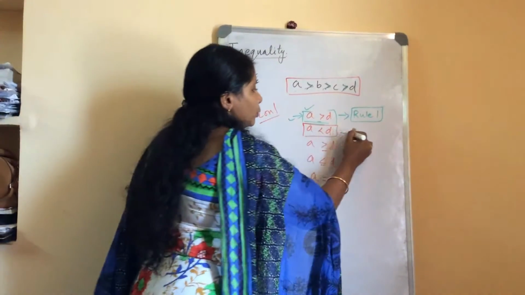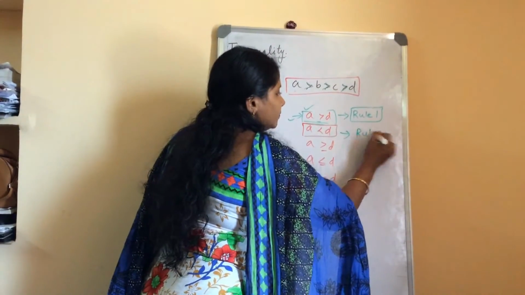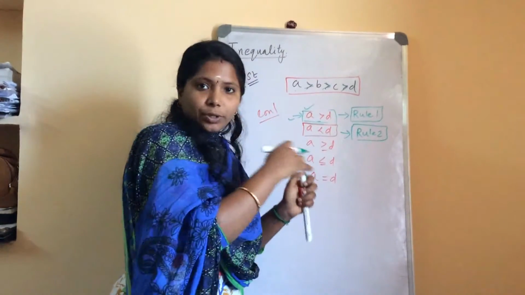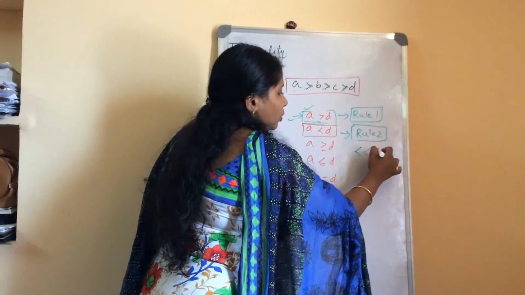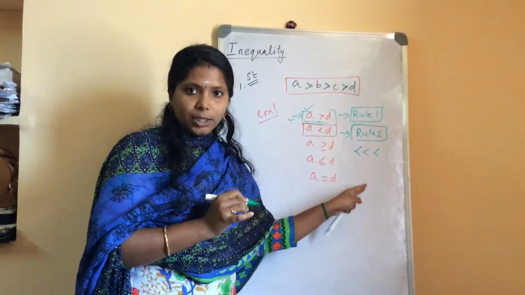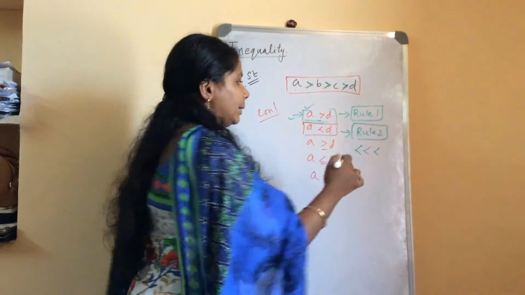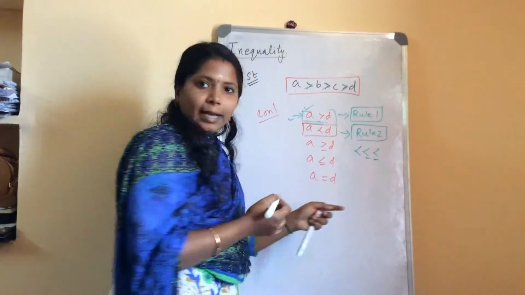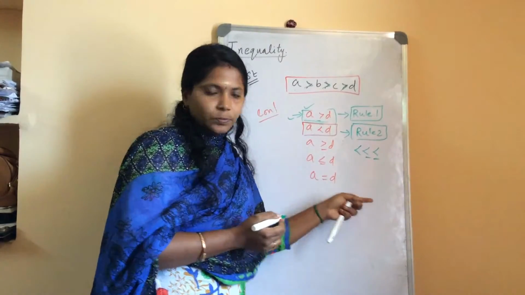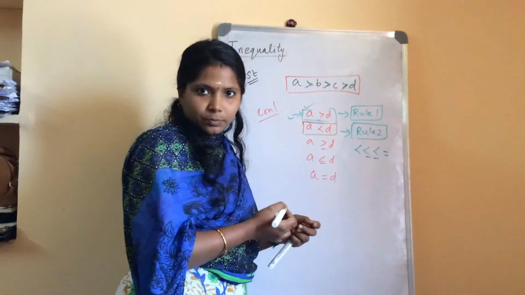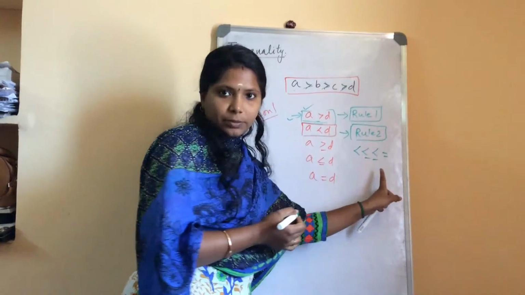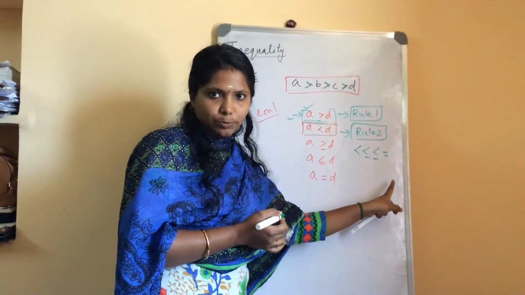This rule 2 is the statement should always go with the less than symbol from start to end. In between it can have the less than or equal to symbol or the equal to symbol. In all these statements the conclusion will be true.